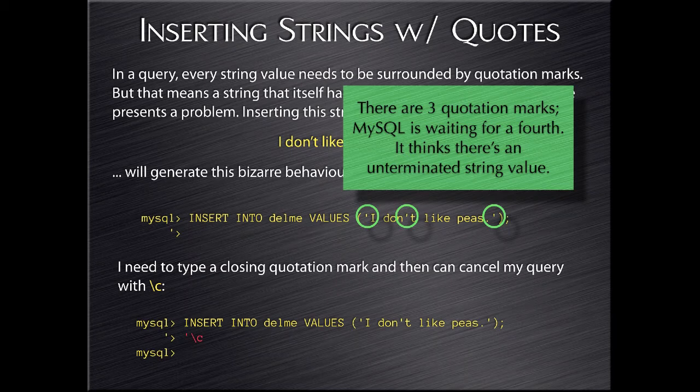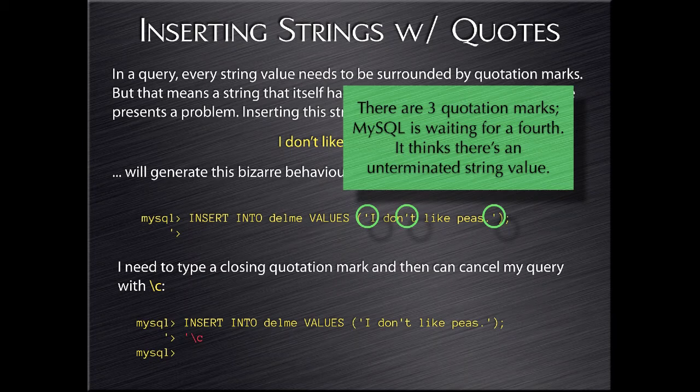Then it thinks T, like, P's, period, is perhaps some kind of weird SQL. Now, it's not going to get far enough down the path to try to interpret that as SQL, because before it can do that, it sees this third quotation mark, which opens a string. And the new string is right-hand parenthesis, semicolon, new line. So that's where we are.